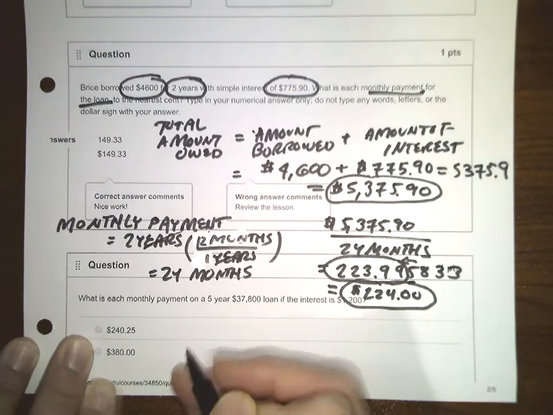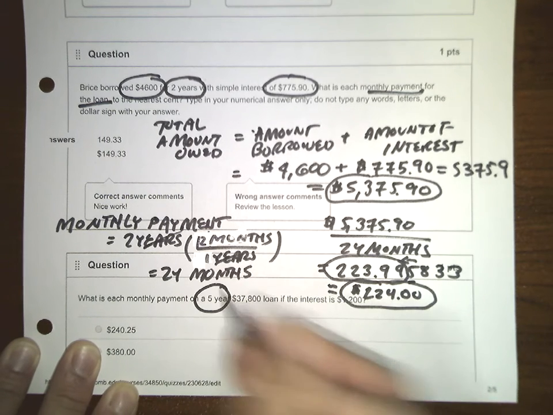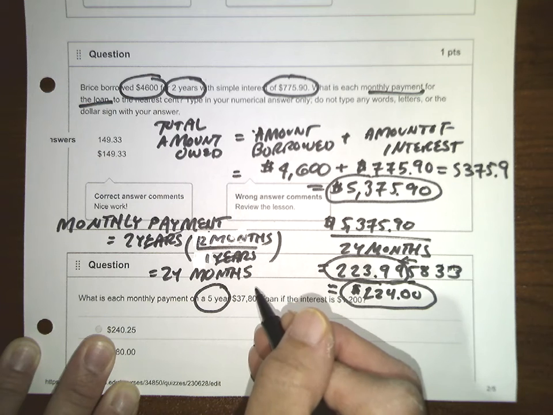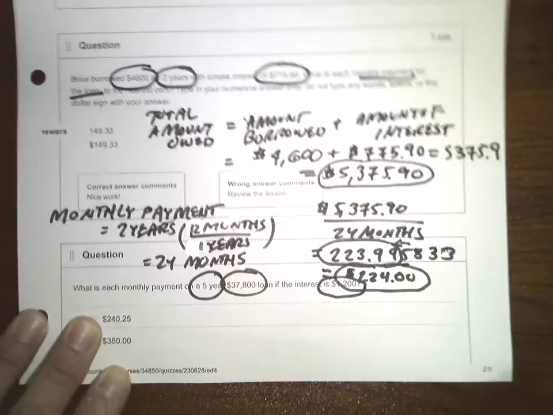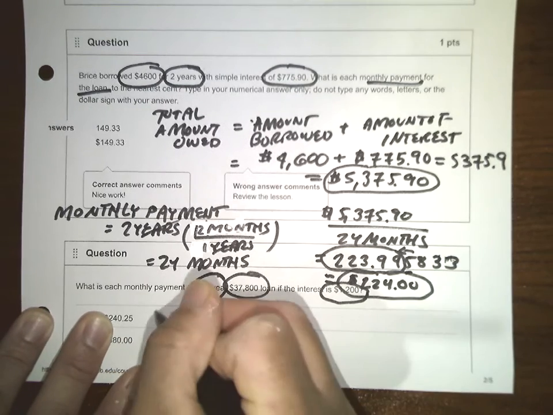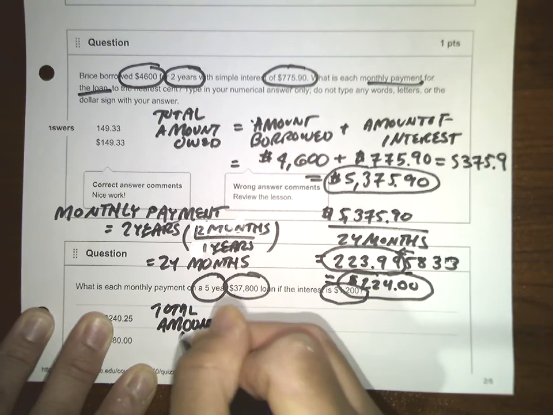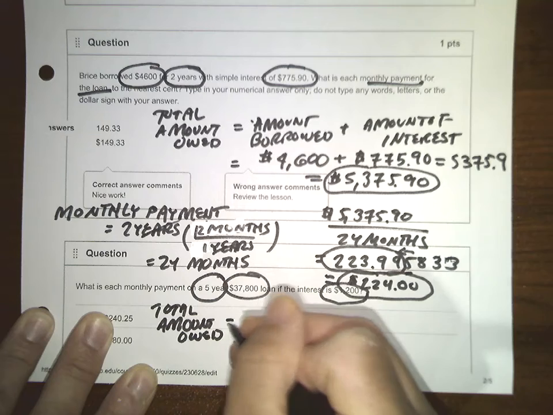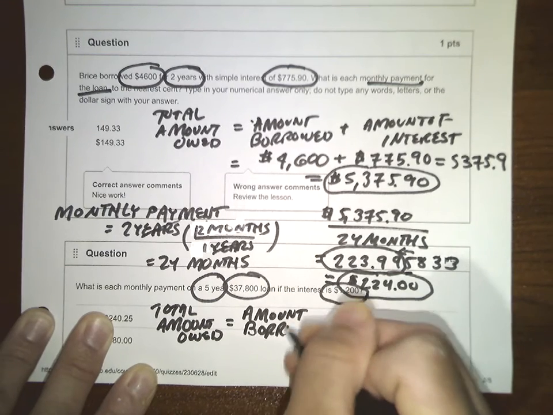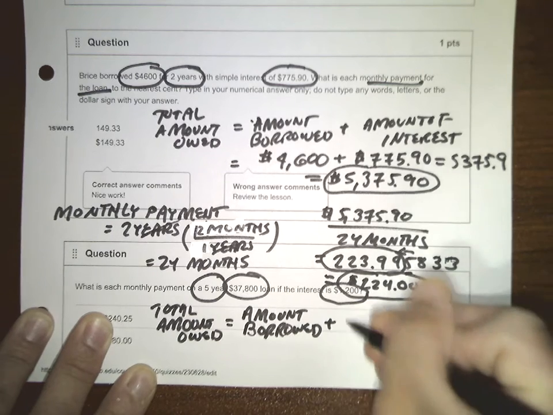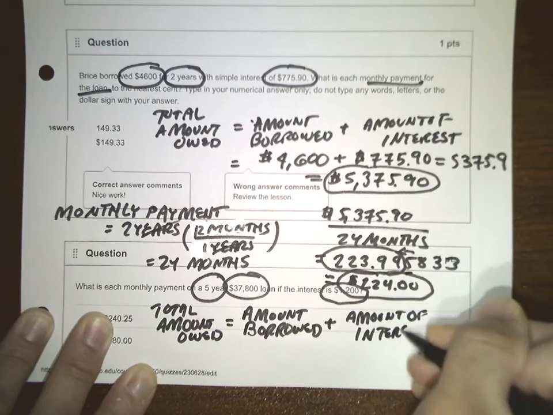All right, let's try another one. What is each monthly payment on a 5-year, $37,800 loan if the interest is $1,200? So let's do this the same way as before. The total amount owed is going to be the amount borrowed plus the amount of the interest here.